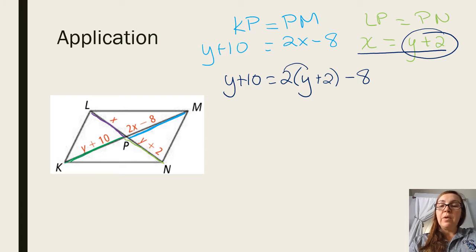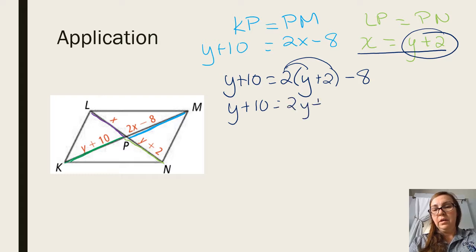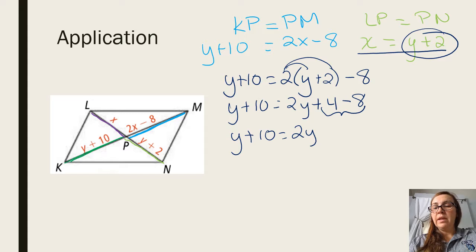First step is to go ahead and distribute the 2. The next step is to combine like terms. Right here, these two are both constants, so we can go ahead and combine them: 4 minus 8, which gives us negative 4.